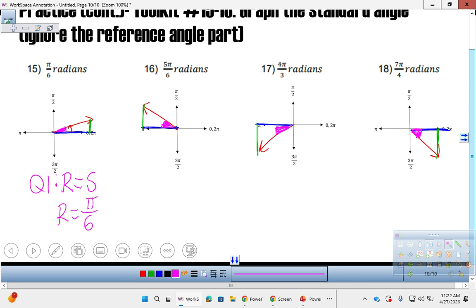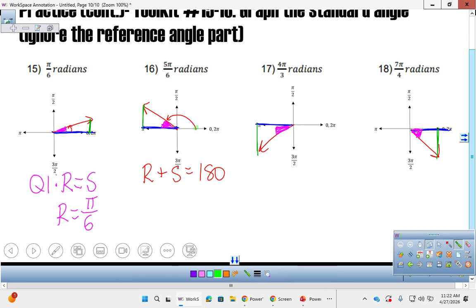In quadrant 2, we said that the standard angle plus the pink angle, so red plus pink, R plus S, is equal to a half circle, which is 180. We okay with that? Together, this plus this is 180. The problem is we are no longer in degrees, so that 180 has to be a radian. What do we know about radians? 180 degrees is equal to how many radians?